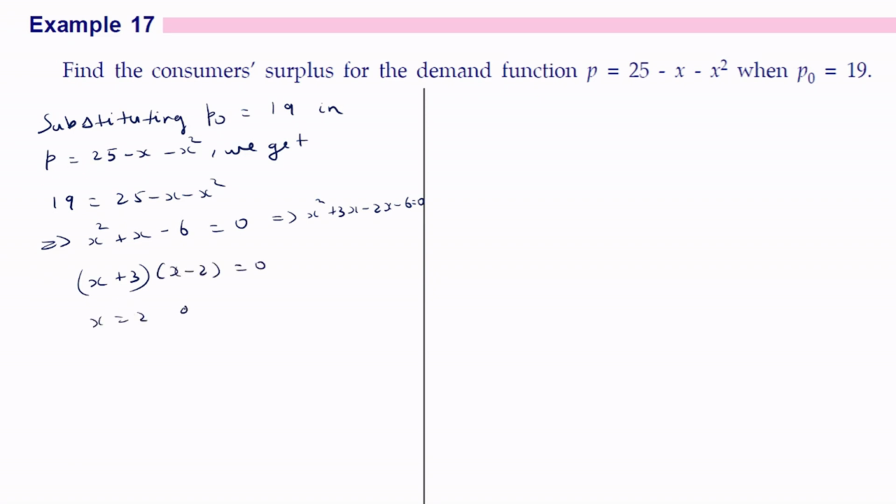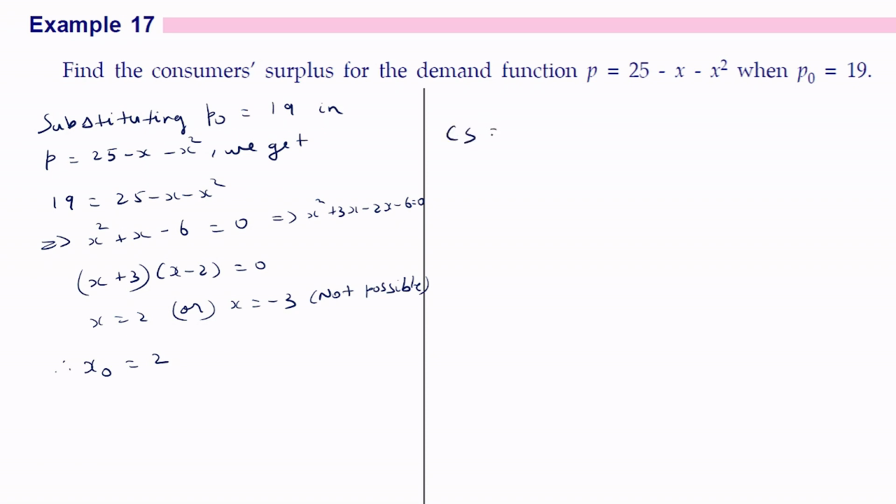So x is 2 or x is minus 3. This is not possible, that is, the quantity demanded can't be negative. Therefore, x0 is equal to 2.